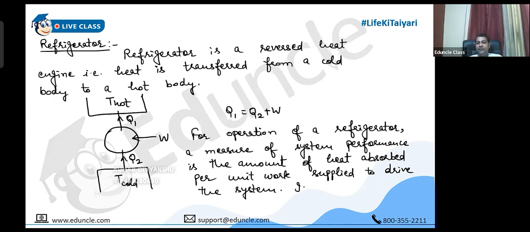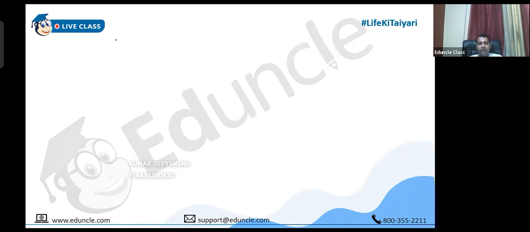It is denoted by beta. So beta is Q2 by W because Q2 is the heat absorbed and W is the work supplied. If Q2 is more for a particular W, then that refrigerator is a better performer. So beta is Q2 by W. And what is W? Q1 minus Q2.